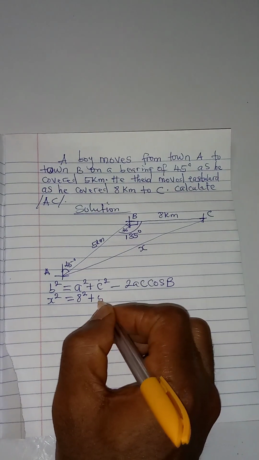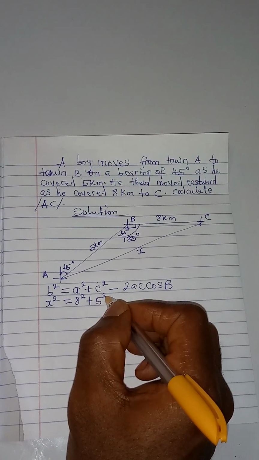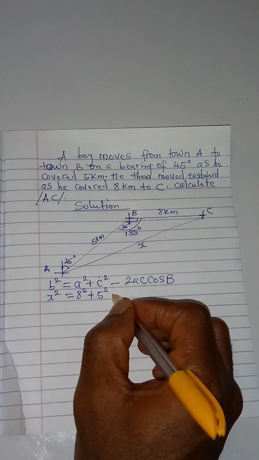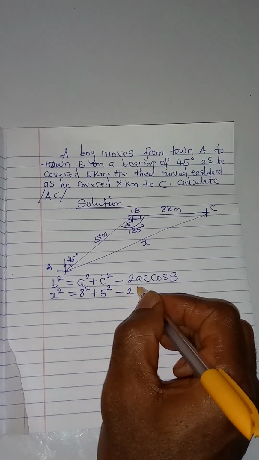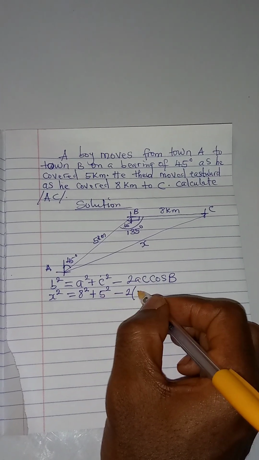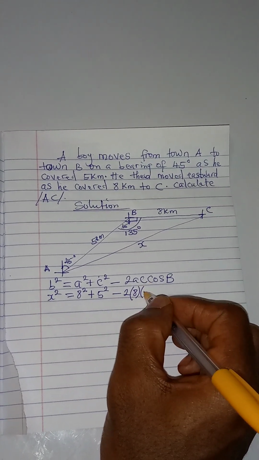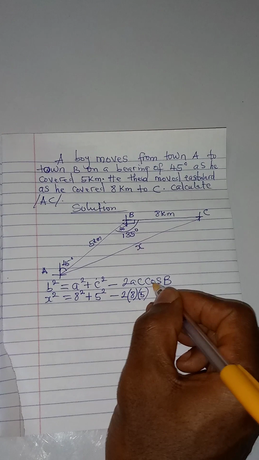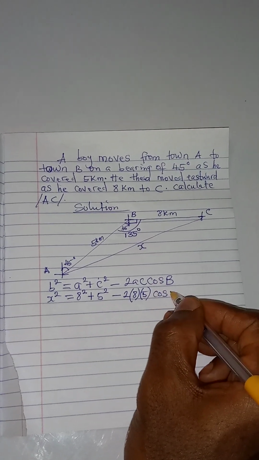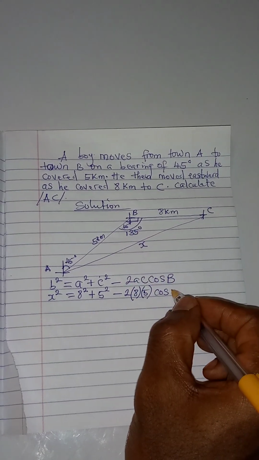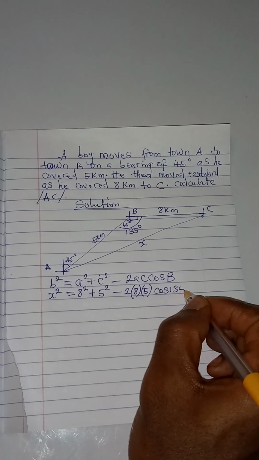So this is going to be 5 squared, then minus 2 multiplied by a, which is still 8, then c is 5, then cos B. And our B now is 135, so I'll have 135 here.